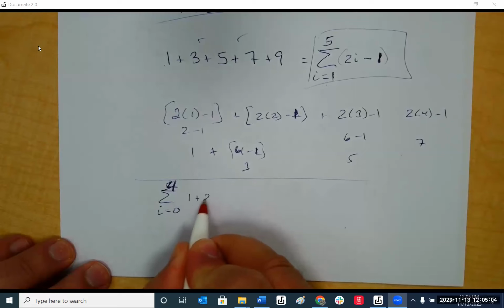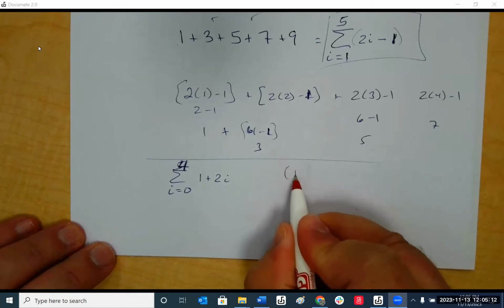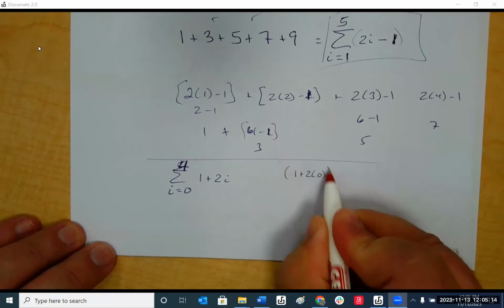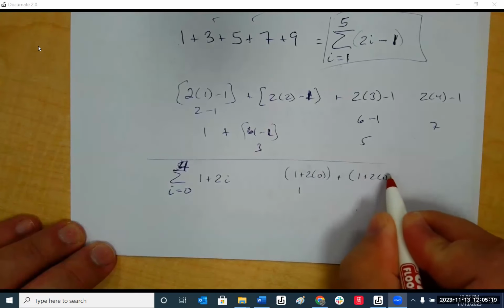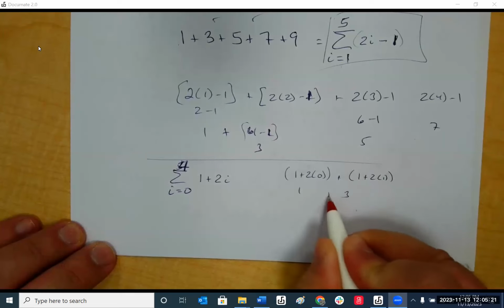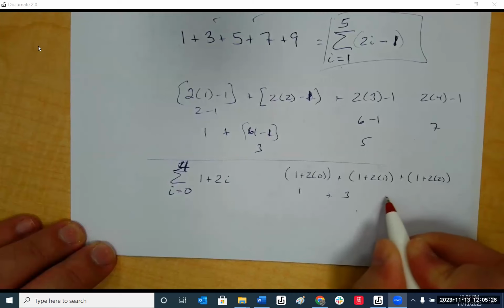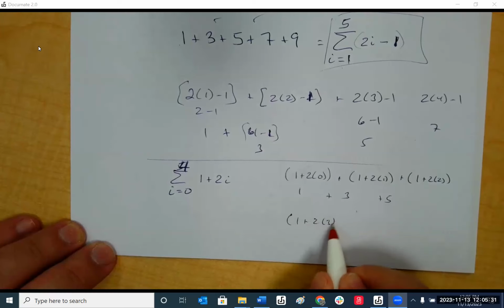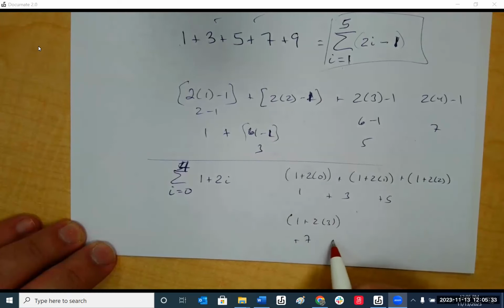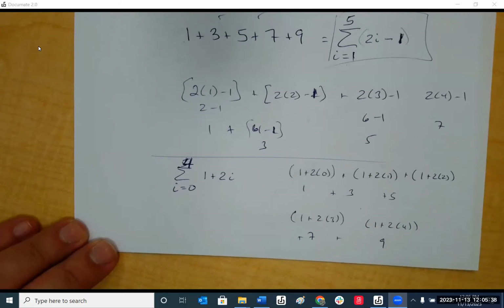So 1 plus 2i, let's try that. 1 plus 2 times 0 is 1. 1 plus 2 times 1 is 3. 1 plus 2 times 2 is 5. 1 plus 2 times 3 is 7. 1 plus 2 times 4 is 9. So there's another formula.